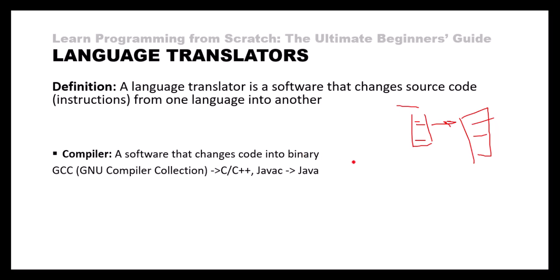Java is converted to binary using a compiler called javac, the Java compiler, so it just converts Java code into binary. So a compiler is simply a language translator, or a software, that changes source code into binary.